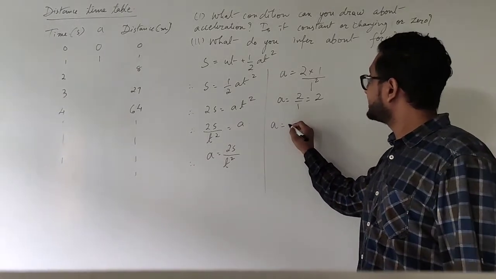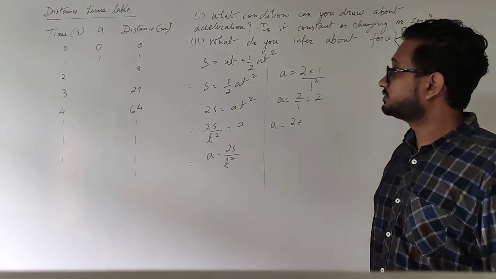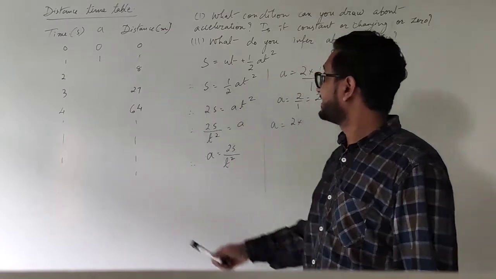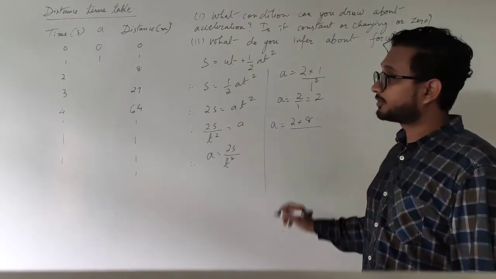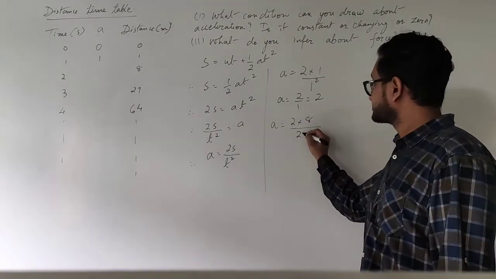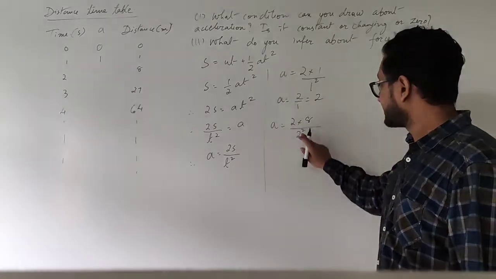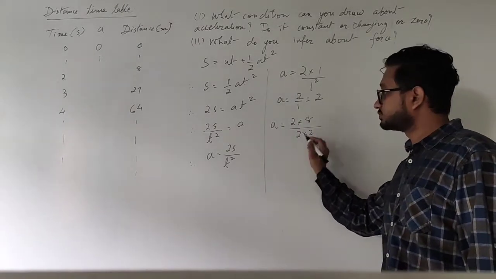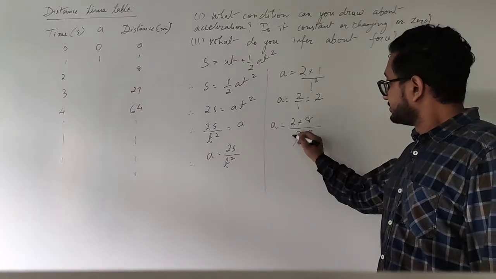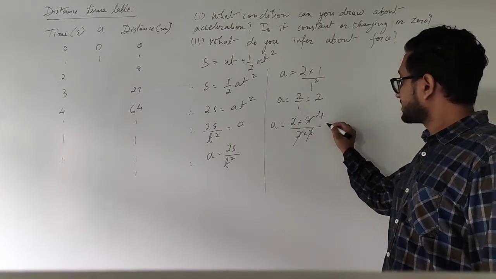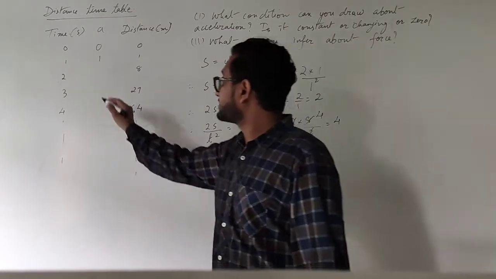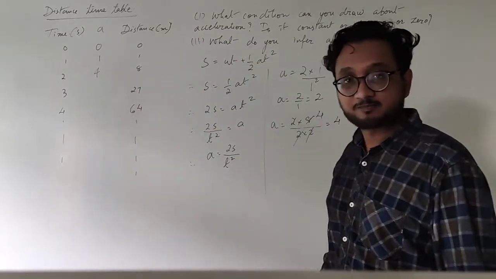Second one, acceleration a, 2 into distance is 8 upon time is 2 seconds, so it becomes 2 square, or I can write 2 into 2. 2 and 2 cancel, 2 4, so the answer is 4. So the second one you are getting as 4.